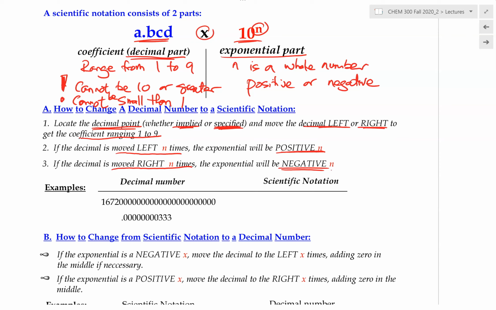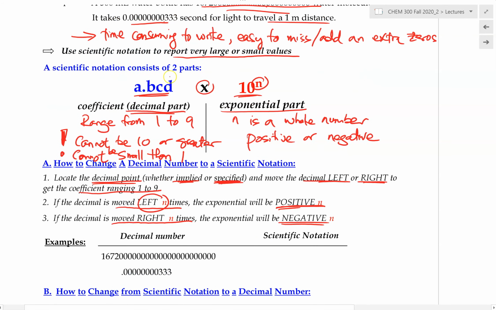When we move the decimal to the left, we are basically making the value smaller, right? So therefore we have to increase the exponent, or give it a positive exponent, so that we can compensate for it. Because in scientific notation, consider these two parts right here. If we were to increase the coefficient part, we have to decrease the exponential part, so that in the end it will balance out and the value remains the way it is.